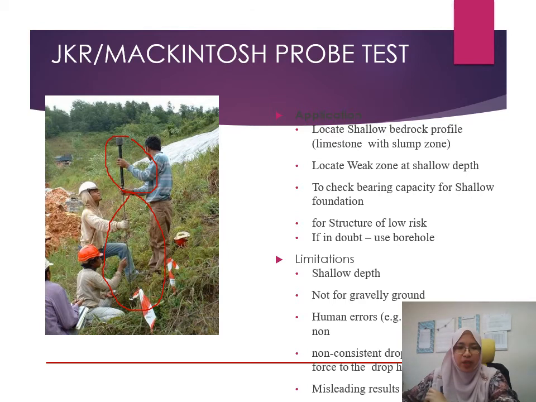Because this is manually operated, you have to lift the hammer up to the maximum, but there may be non-consistency in lifting the hammer, so that might lead to misleading results. Also, you may unconditionally exert force on the drop hammer, so that also will lead to misleading results, and misleading results at greater depth.